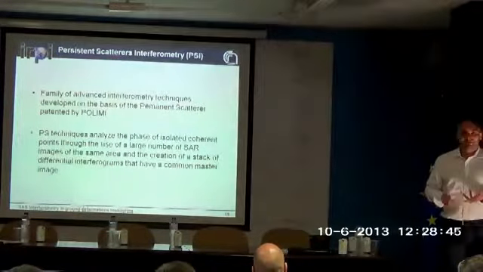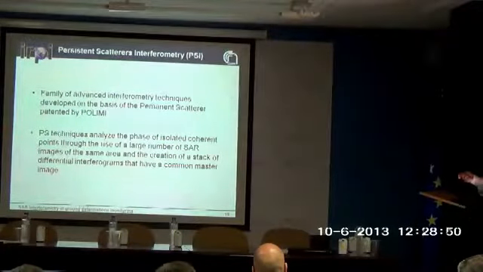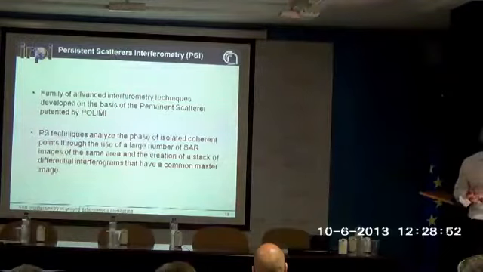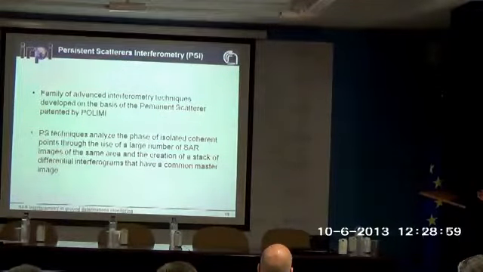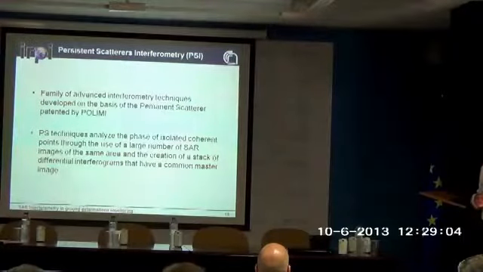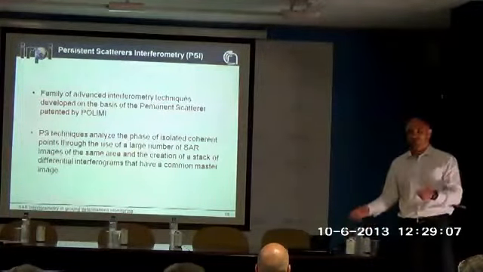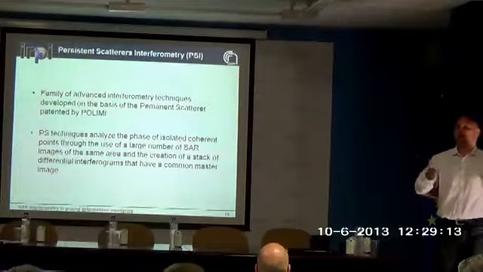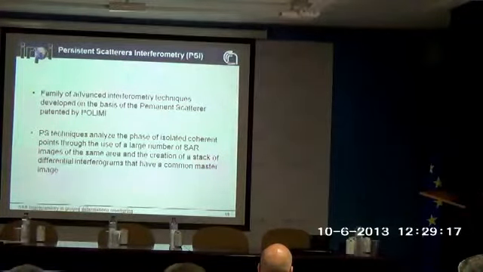We can get rid of this limitation using a technique that was developed by the University of Milan that is called the permanent scatterer technique. These techniques analyze the phase of single backscatter in the resolution cell, using a large amount of images acquired over time.